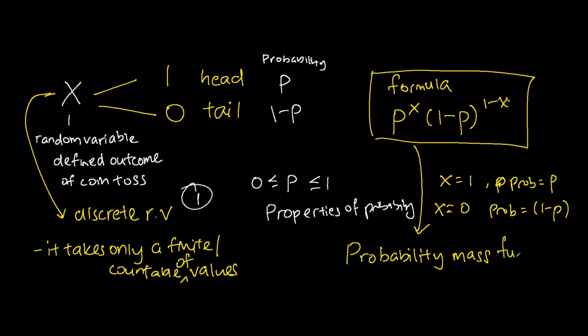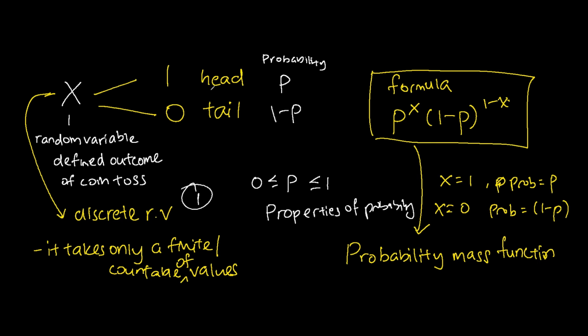Basically, it's a formula to help you find the probability of an outcome when you sub in the numerical value of the outcome itself.